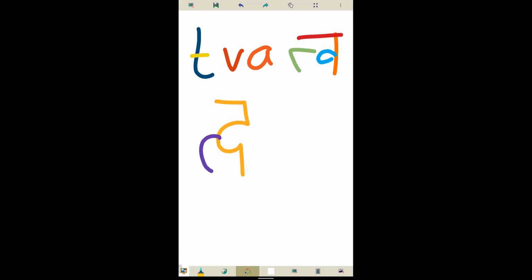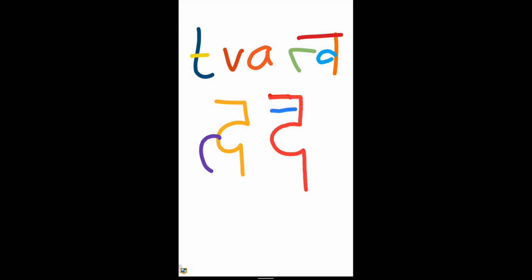But now the variant: you have a horizontal line, vertical line, semicircle, again vertical, and then another parallel horizontal line joined with the vertical line, just the second line to the main stroke. Okay. So this is also twa.